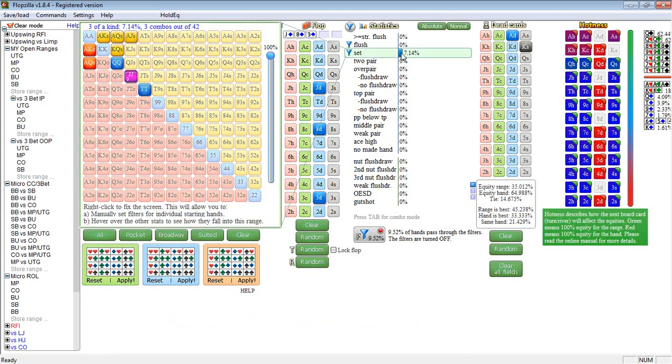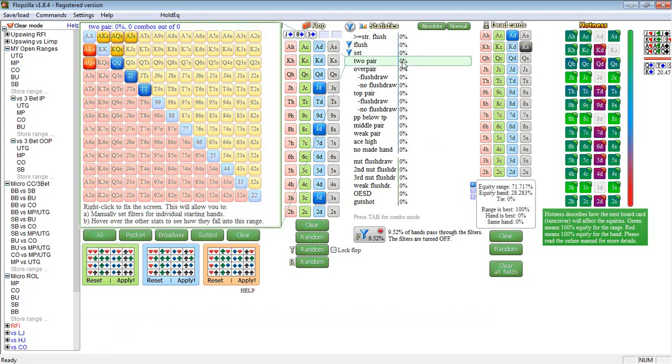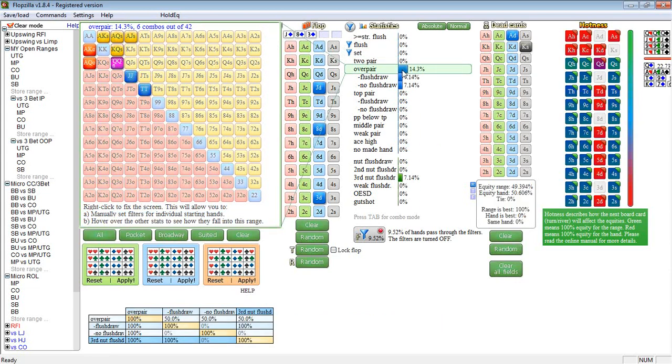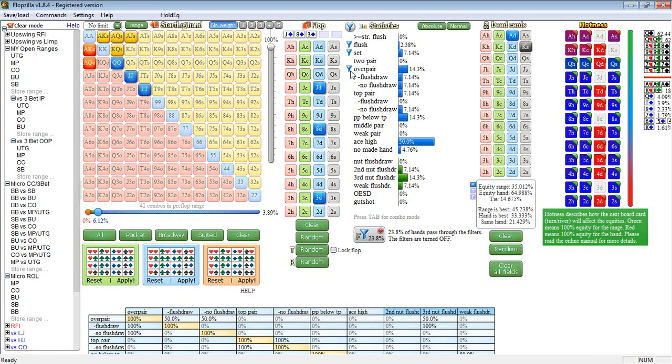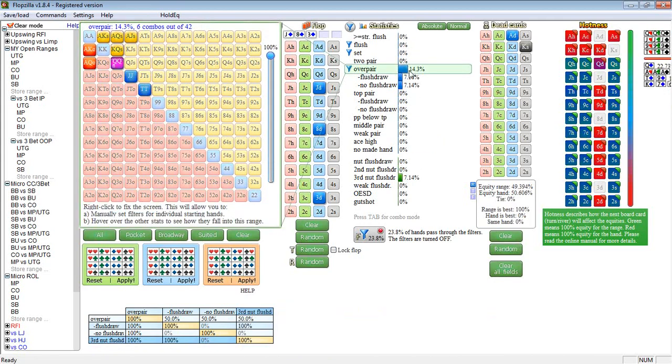These are hands you would mostly check raise, but let's say maybe he's slow playing it. So overpairs.